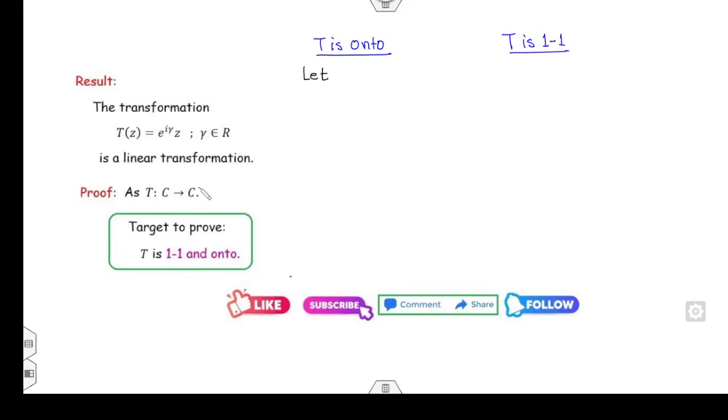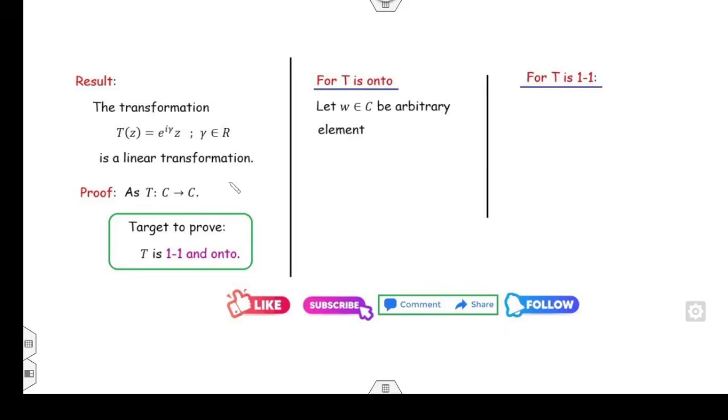I can choose any element from the domain. Let's say I choose W belongs to the range or the codomain such that W is equal to T of Z. Can you find the value of Z?